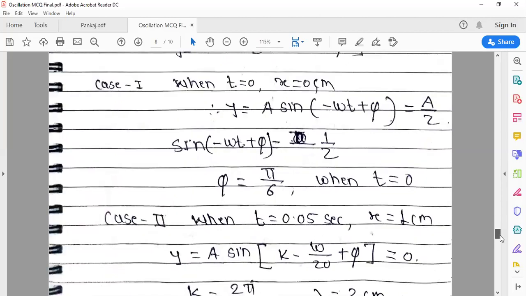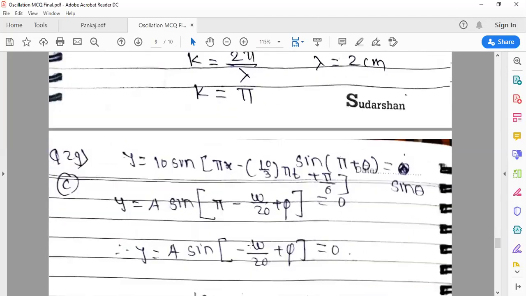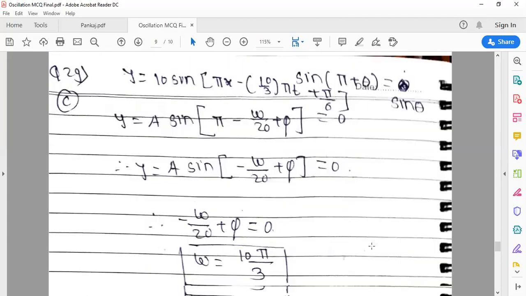So lambda is equal to 2 meter, and we get the value of k is equal to pi. Then y is equal to A sine of (pi minus omega upon 20 plus phi), but sine of pi plus theta is equal to sine theta, so this pi value gets cancelled. So finally y is equal to A sine of (minus omega upon 20 plus phi) is equal to 0.